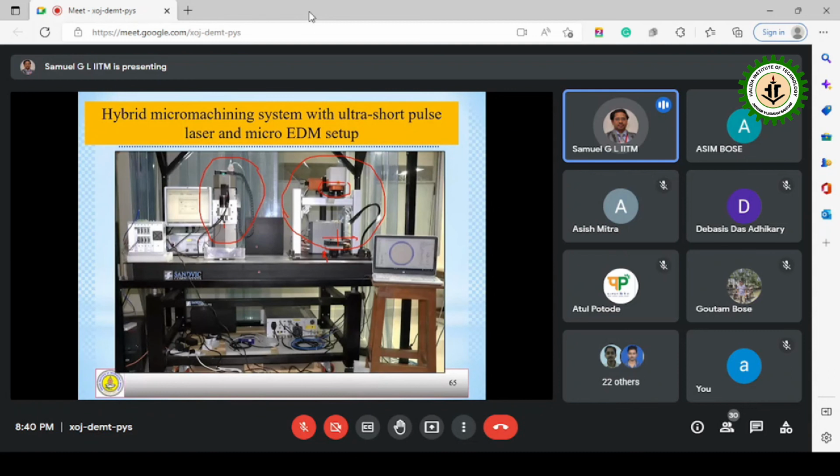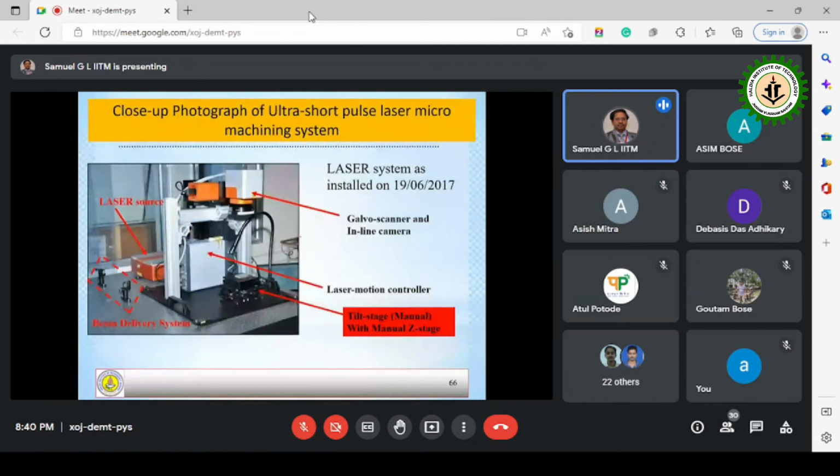So when you want to make micro holes, first we make a hole by using iridium and then send that to this and finish it with the femtosecond. Thus, we can get precise holes and also have a higher material removal rate. So this is a hybrid process which we have developed.